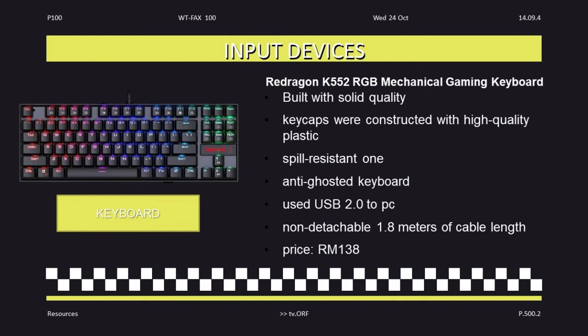It is also spill resistant, so you can drink water around the keyboard. It comes with a non-detachable 1.8 meter cable and uses USB 2.0 to PC. The price is 138 ringgit.